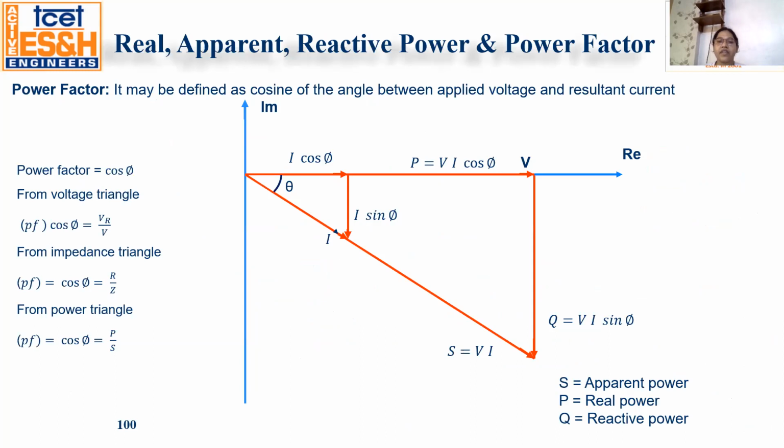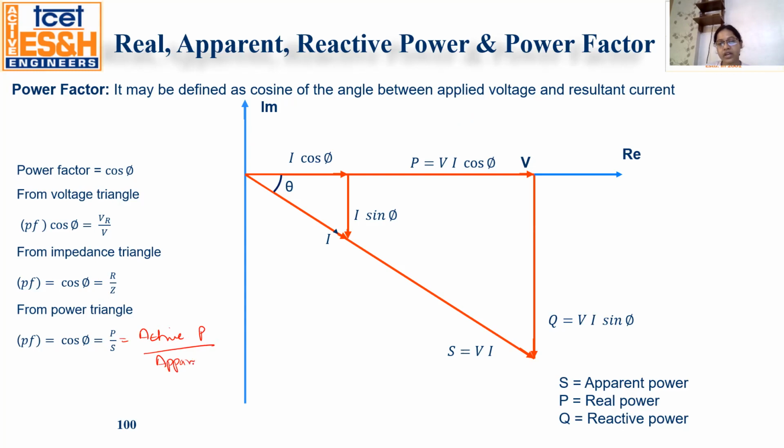Now another very important component comes into the picture, that is the power factor. Power factor is basically defined as the cosine of the angle between applied voltage and the resultant current. It is the measure of how much effective power you utilize in your circuit from the overall power. It is defined as active power divided by apparent power.